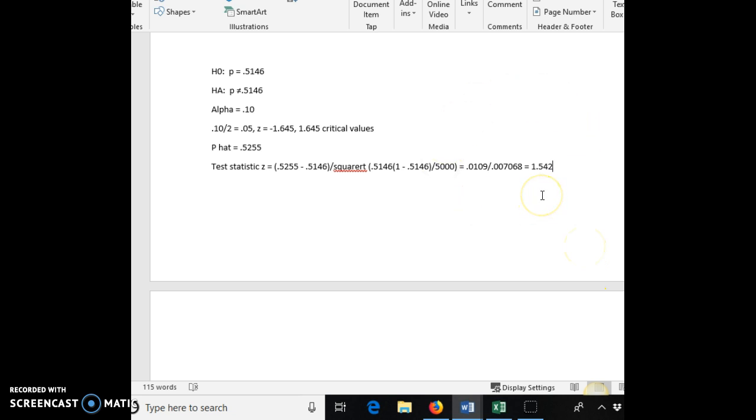Now, let's note 1.542 is not to the right of 1.645. It is, in fact, in between these two values, which means it's not in the rejection region. So we fail to reject the null.